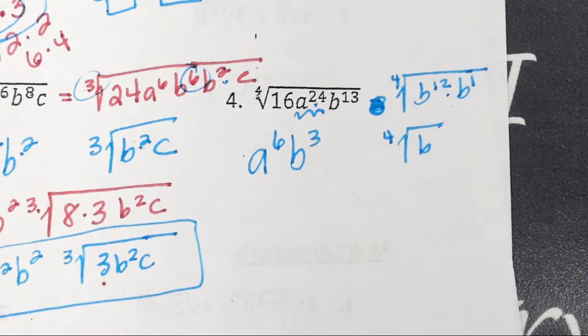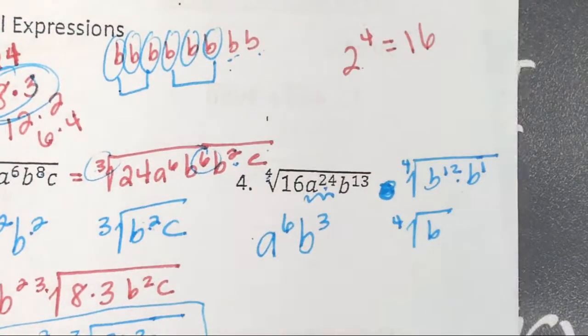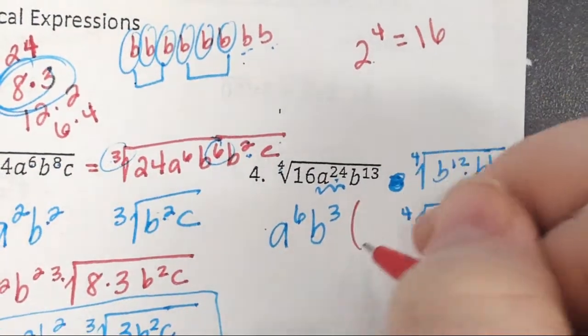And for the 16, it would be 2 because 2 to the 4 is 16. Helpful things to know in life, so the 2 gets to come out entirely.